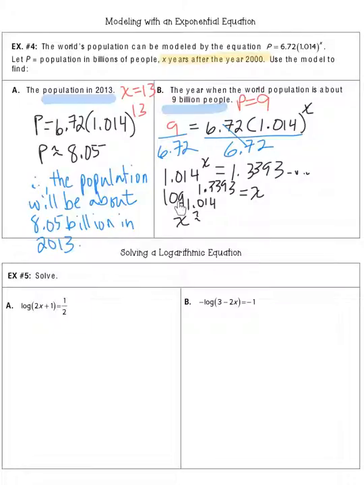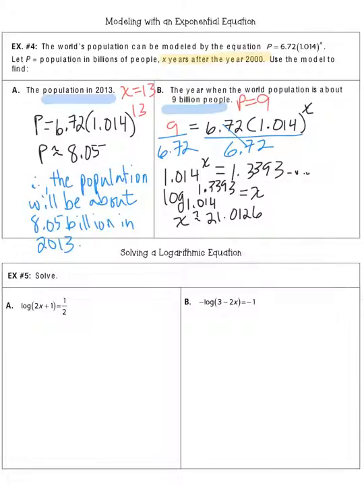So log second answer, and then end your parentheses, and then divided by log 1.014, end your parentheses, and then enter, and you get approximately 21.0126.